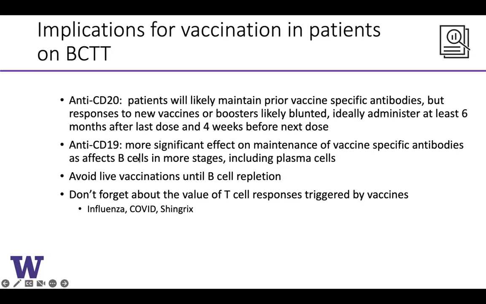For anti-CD19, plasma cells are affected, so maintenance of old plasma cells for specific vaccines will be more affected. Patients with T-cell depletion should not receive live vaccinations. Still, vaccines are recommended in certain cases, like the annual COVID vaccine, annual influenza vaccine, and sometimes Shingrix, for the effects on T-cell response, even if patients are not able to mount a good antibody response.